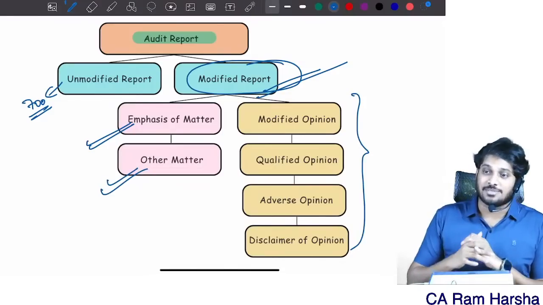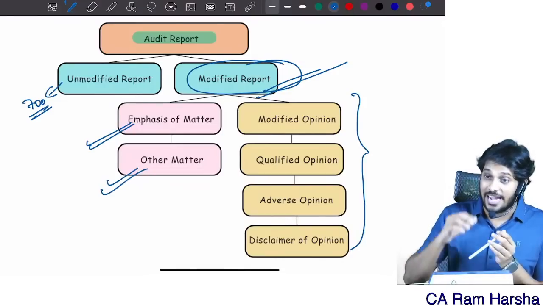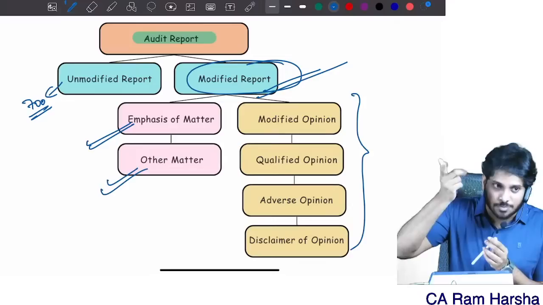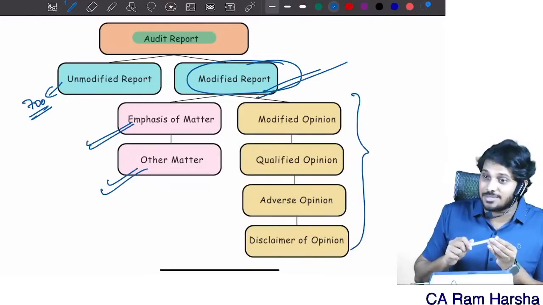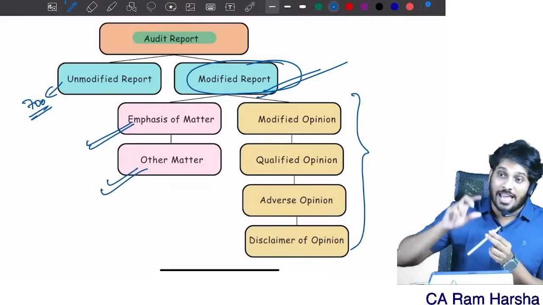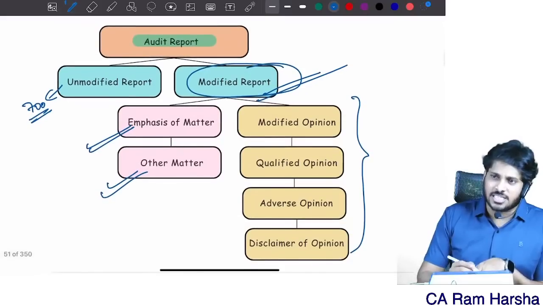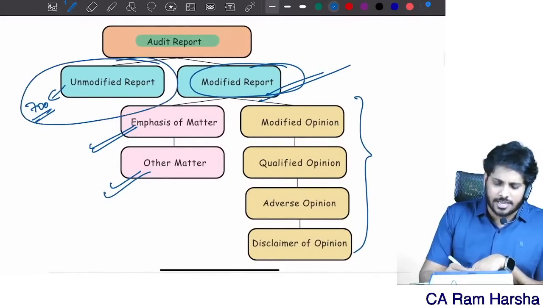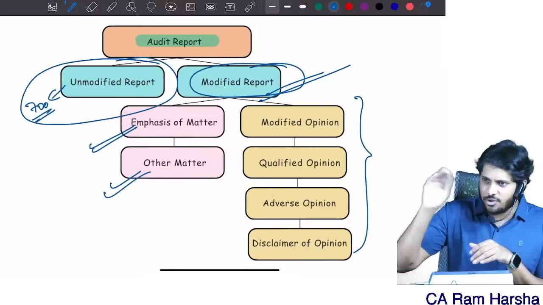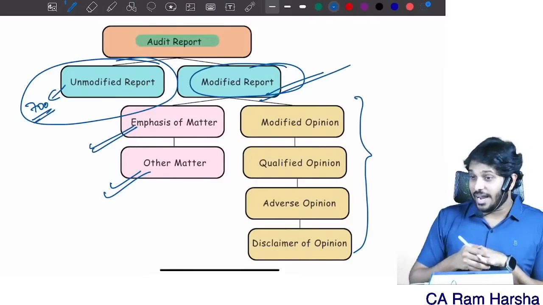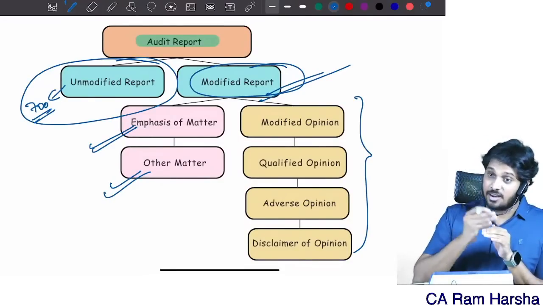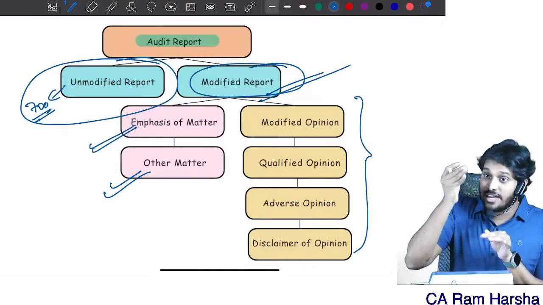Under what circumstances will the auditor include additional information in the auditor's report? Additional means anything that is not given in 700. Extra that you are adding is called additional information. Indirectly, under what circumstances will the auditor modify the report?